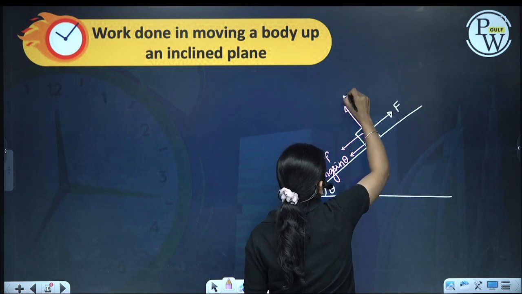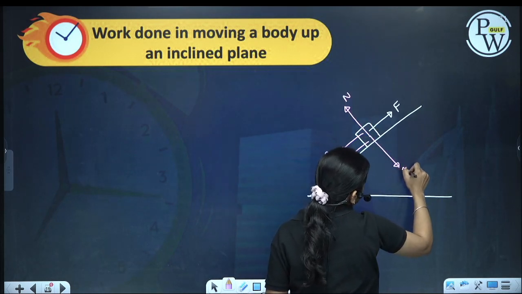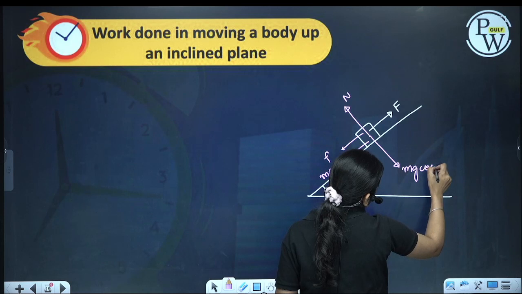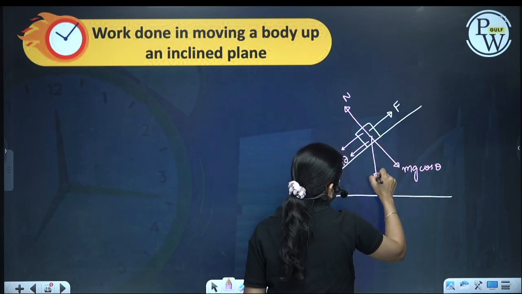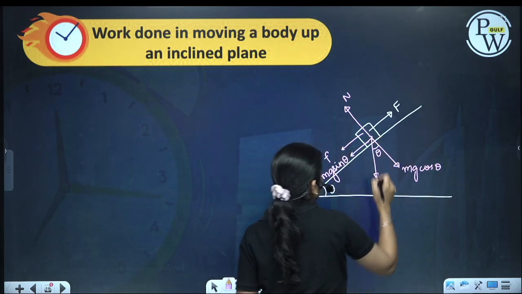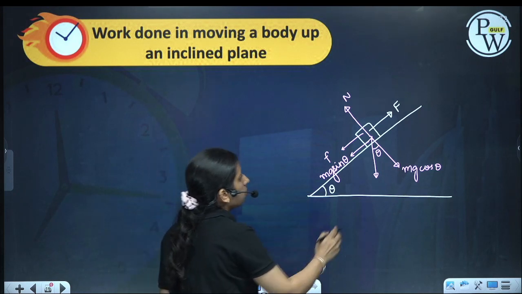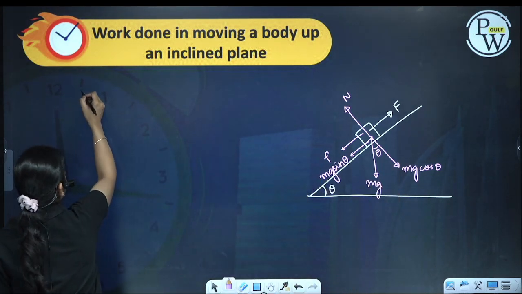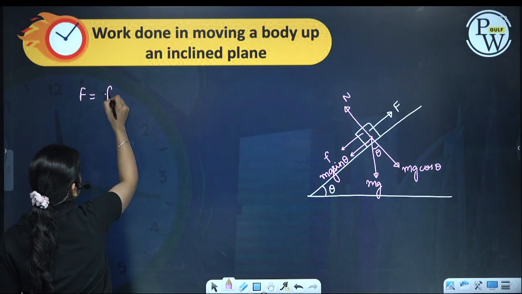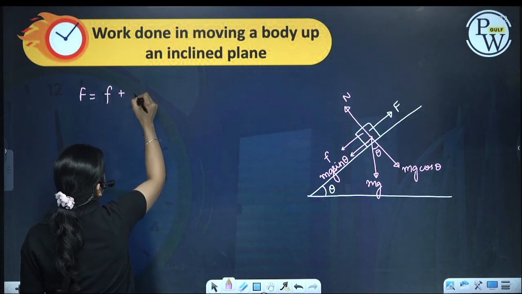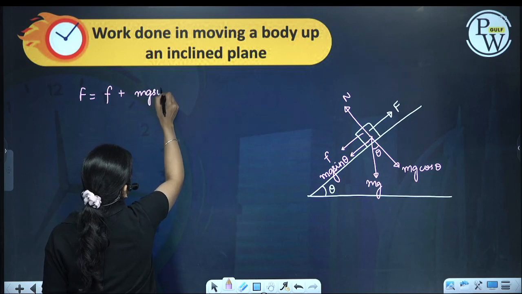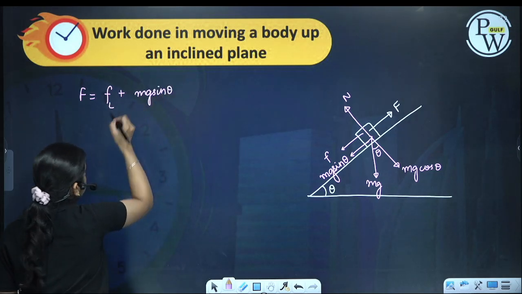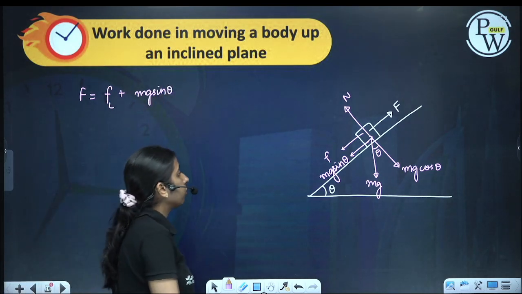Normal reaction, and opposite to this we have mg cos theta. So when the body is just at the verge of motion, F will be equal to f plus mg sin theta. Just at the verge of motion means limiting friction will be acting on the body.